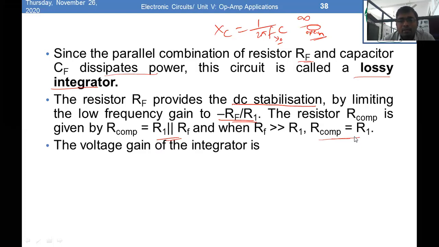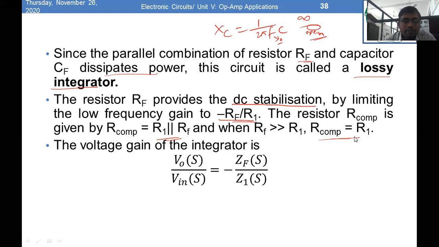Now, what is the value of the voltage gain of the integrator? We represent this in terms of the Laplace transform. In the S domain, the gain V naught upon V in is equal to minus ZF upon Z1. Here, instead of RF, we use the impedance ZF because there is a combination of capacitor and resistor, and instead of R1 we use Z1, because we are doing the Laplace transform, so we consider impedance instead of resistance only.